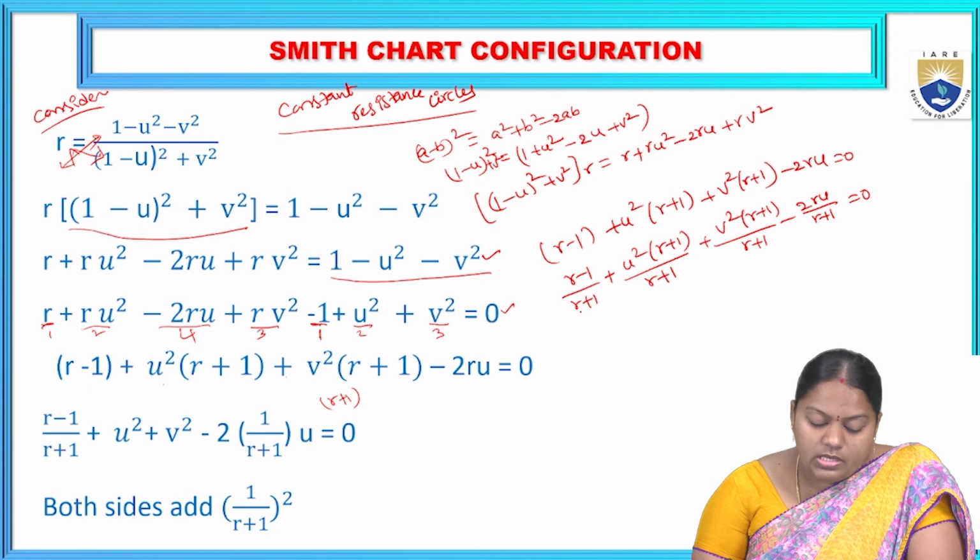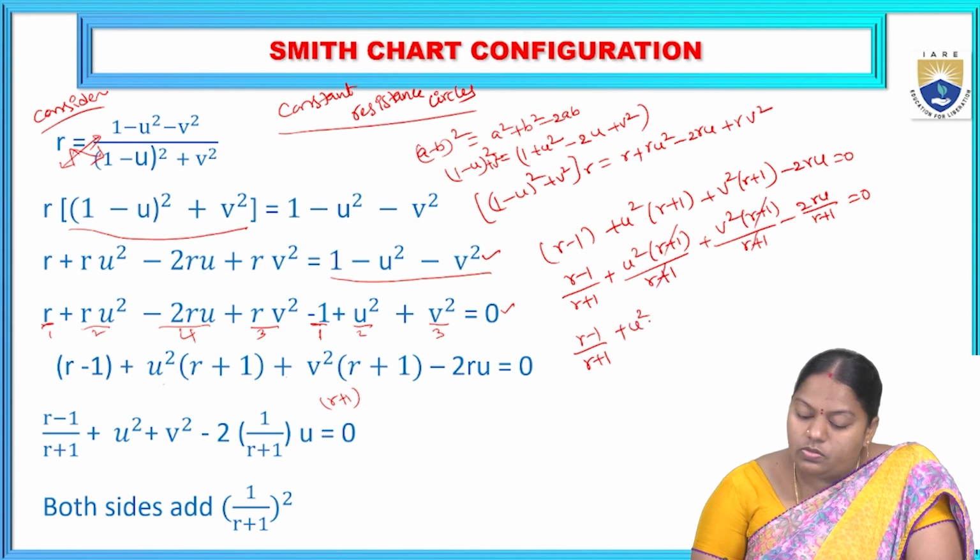So here (r minus 1) by (r plus 1) is one ratio, these two cancel, giving u square plus v square minus 2 into (r by (r plus 1)) into u equal to 0.